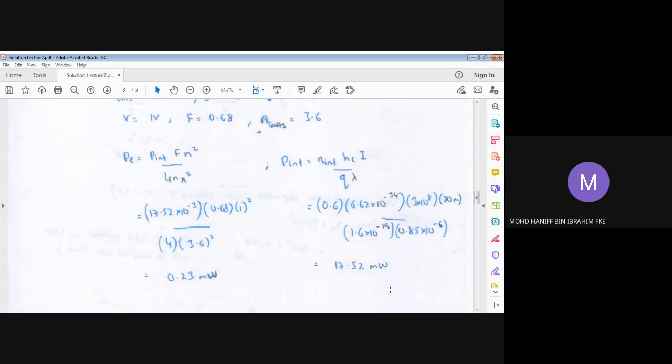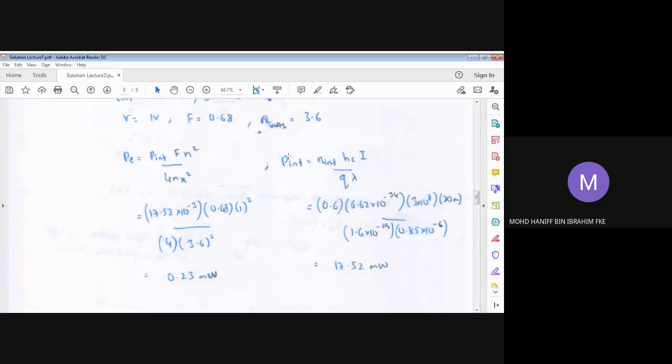From this internal power generated, we can calculate the emitted power, based on this equation. The internal power is from the previous solution, F is given, n is 1, and the refractive index is 3.6. So by this calculation, your emitted power is 0.23 milliwatt.